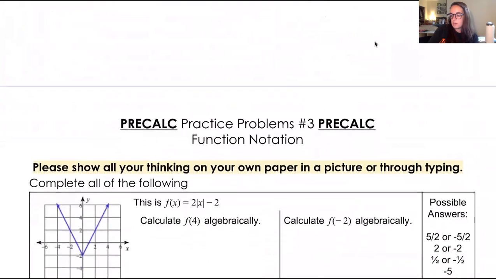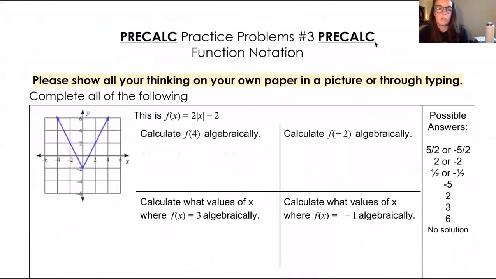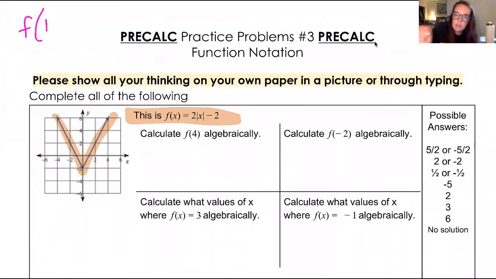And then for number 3, we have function notation. I'll go through the first set with you. So it's telling you that this right here is this graph right here. So we are going to calculate f of 4 algebraically. So if it says f of a number like that, then they're telling us to replace x.